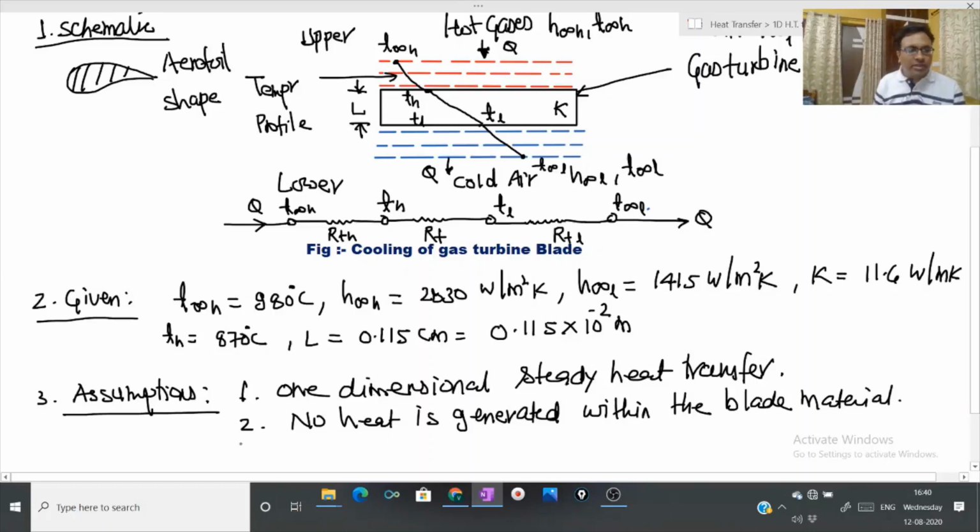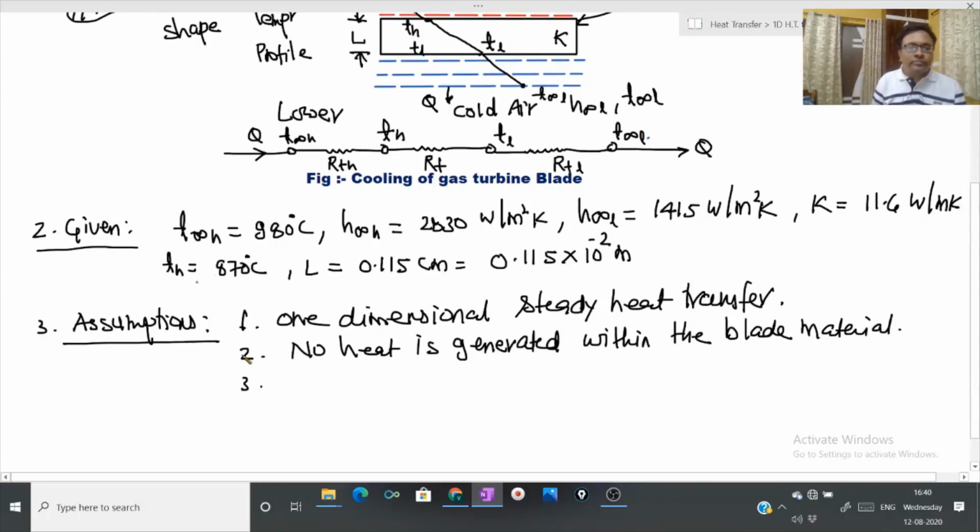Number 3, homogeneous and isotropic material of the blade.